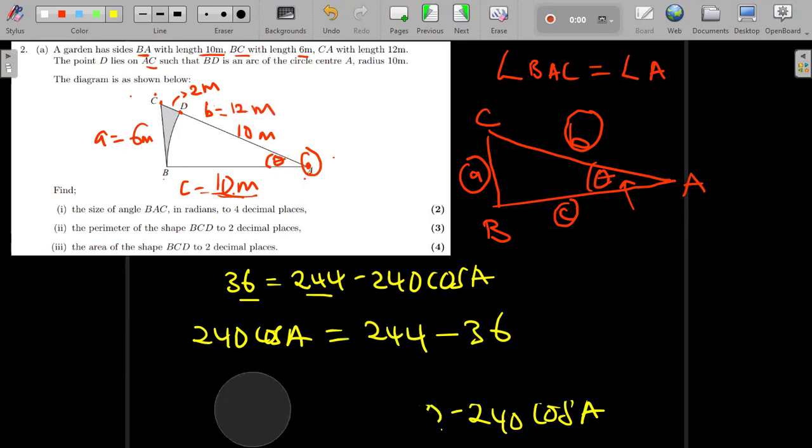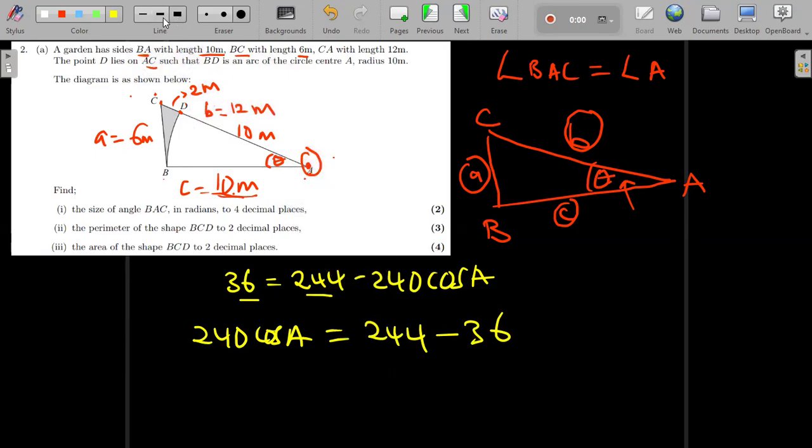Okay, so from there now, we can divide both sides by 240. We are going to have cos A is equal to, okay, what is 244 minus 36? So 244 minus 36 is going to give me 208, and then divided by 240.